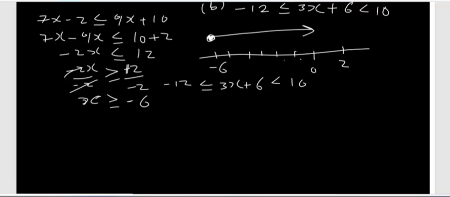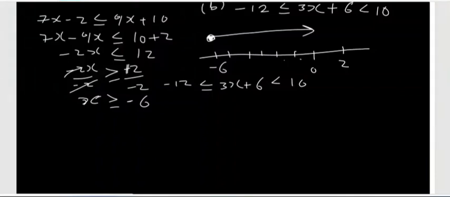Now we are looking for a way to single out x. We want to make x the subject of the formula. So we do something at both ends that will help us eliminate everything that is connected to x. The first thing connected to x is plus 6. What can we do to remove that plus 6? We subtract 6 from both ends.